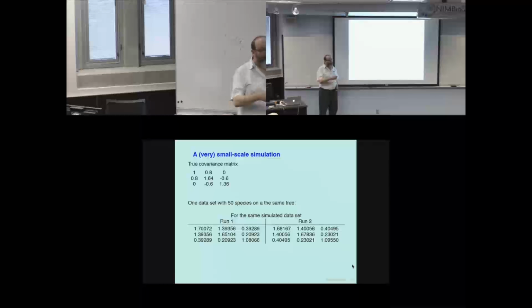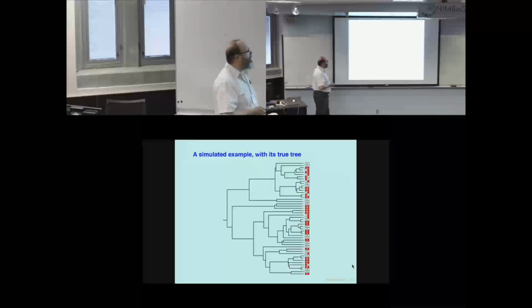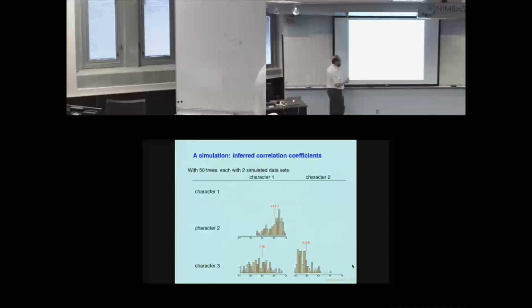I should say the one message I wanted to get to that I didn't put up a slide for: the really depressing thing here is, yes, I've made all this work, but I've made it work with a lot of noise, and there were 50 species there.